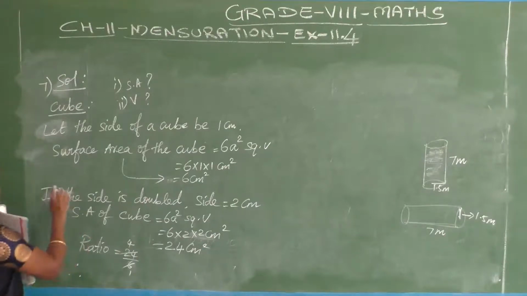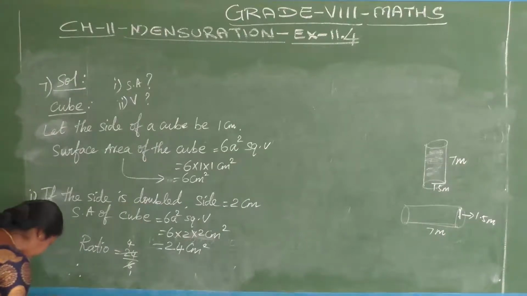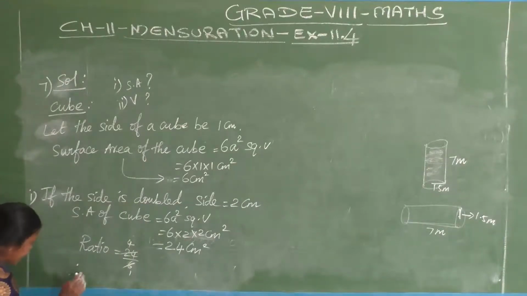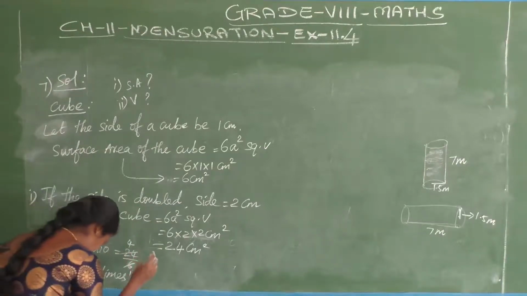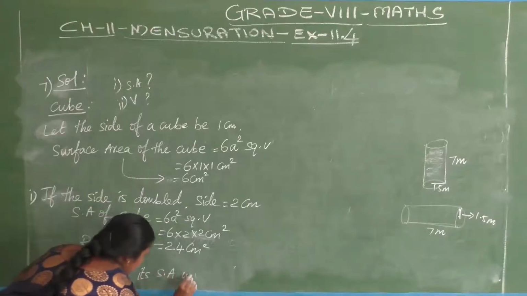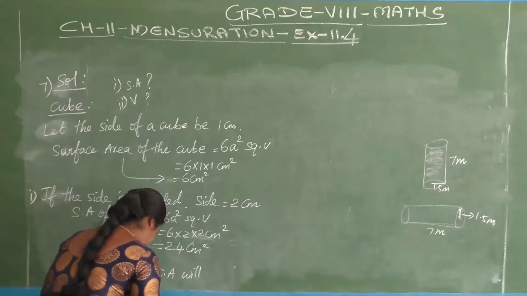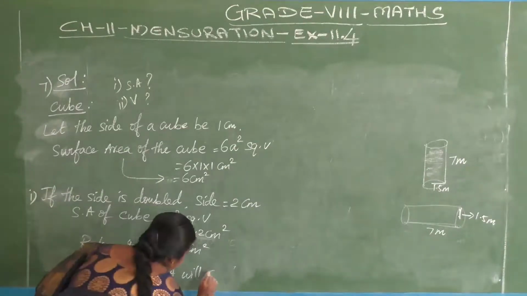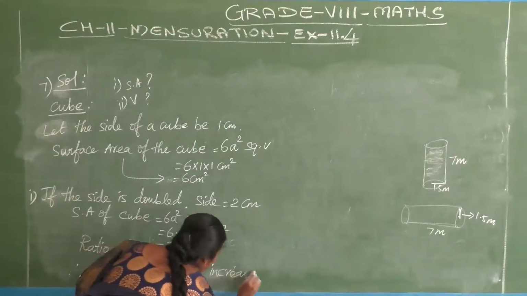Therefore, for the first part, surface area, how many times will it increase after doubling, you can write there 4 times its surface area will increase comparing the original.